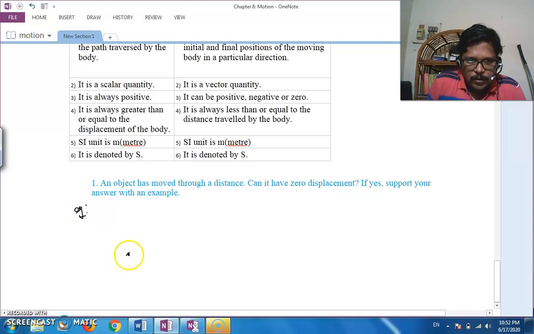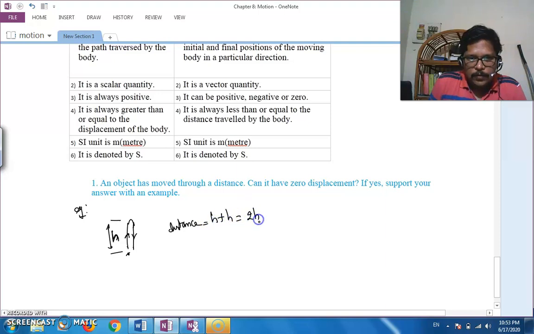If an object is thrown to a certain height and then it returns back to the same position. When it is thrown upwards and returns back to the same height, traveling upwards to height h, the distance traveled here will be equal to going h plus coming down h, so 2h, and displacement in such a case will be equal to 0 because the initial as well as the final positions are the same.